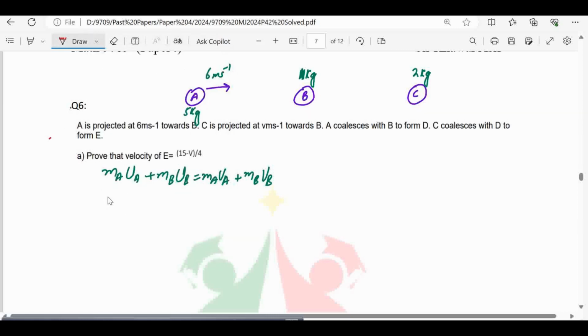Now just put the values and let's see what will happen. MA is 5, so 5 into 6, plus the next mass, 1 into 0 because it is not moving. After the collision the mass remains the same and VA will become V because it coalesces, so 6 into V, and here VA equals VB because it coalesces.